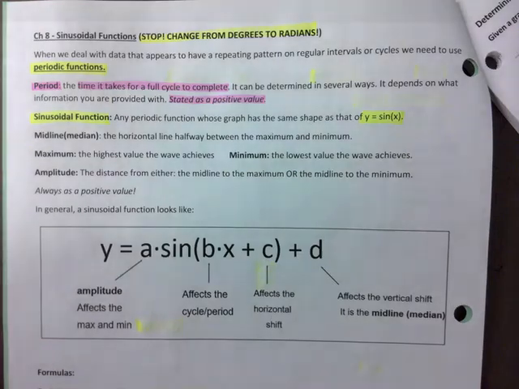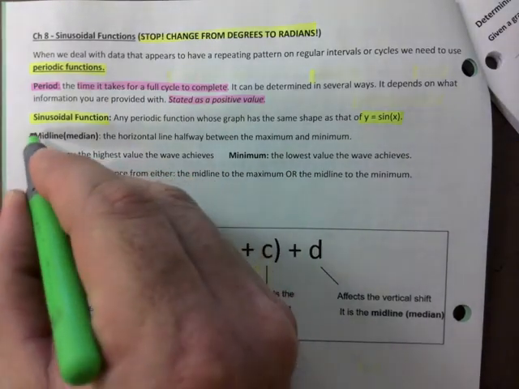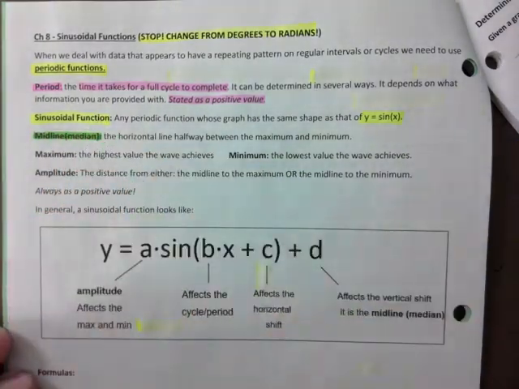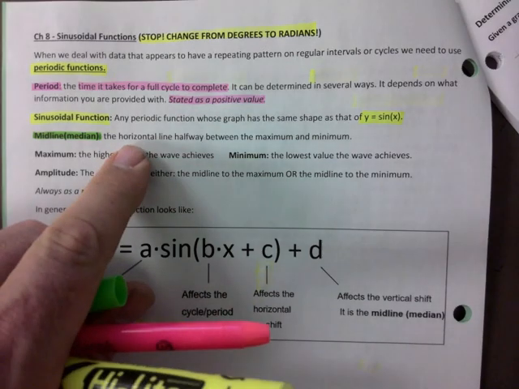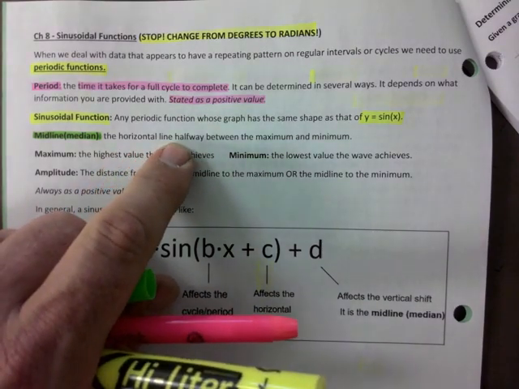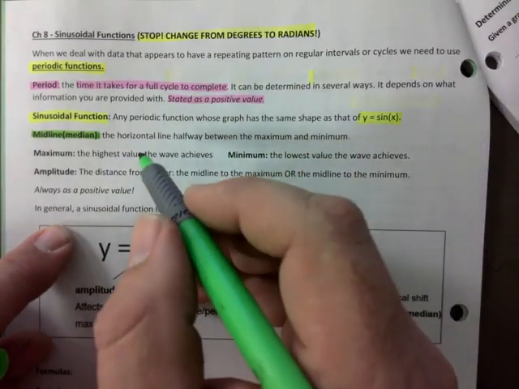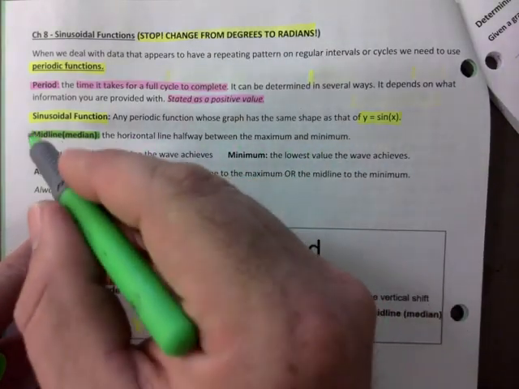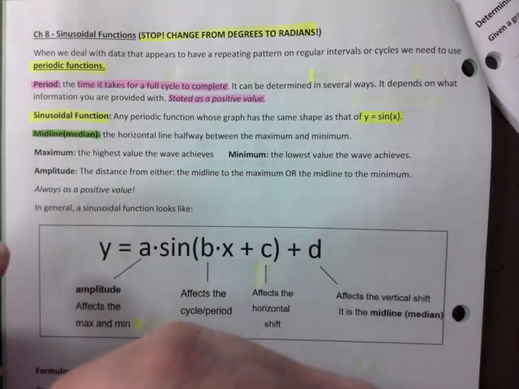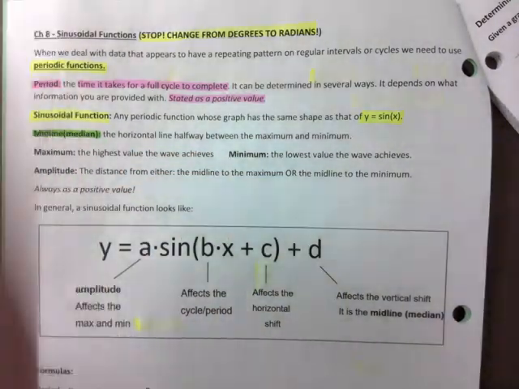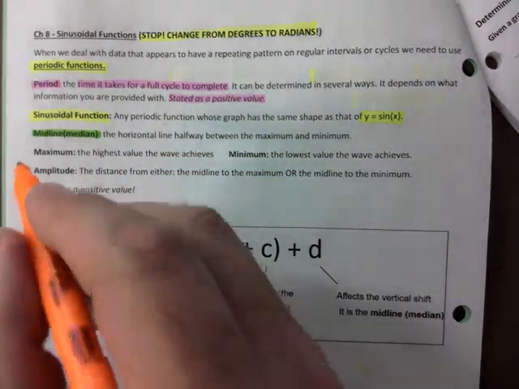Then we have what we call the midline, or what we can also refer to as the median. It's the horizontal line halfway between the maximum and the minimum. Okay, I'm just gonna leave that like that, but I want to give this a green here. Then next, there's the maximum.